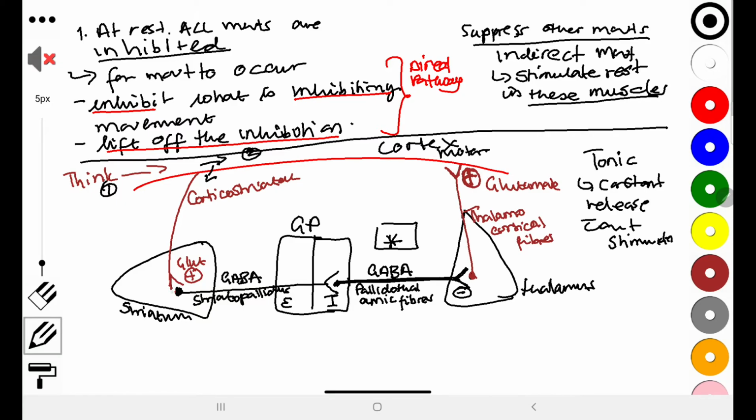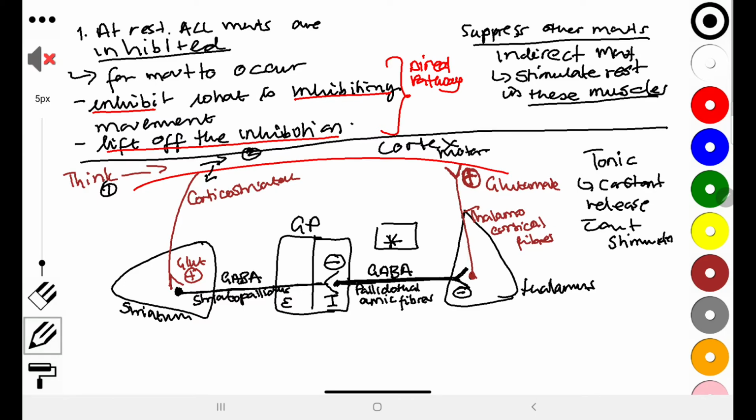These release glutamate onto the striatum, and they stimulate the striatopallidals. Once the striatopallidals are stimulated, they release GABA onto the globus pallidus internus. So if they're releasing GABA, it means they are inhibiting the pallidothalamic fibers.